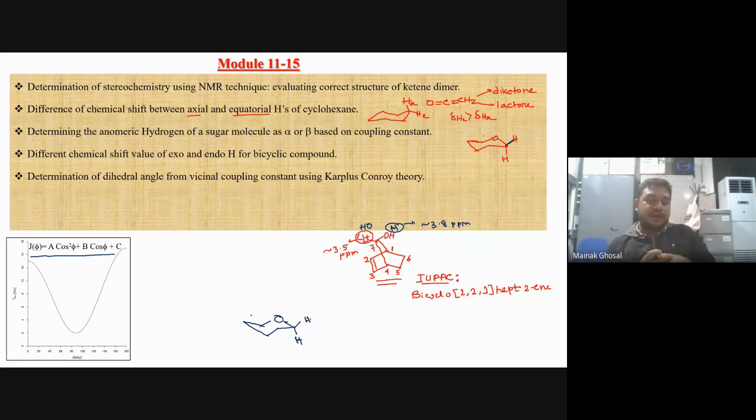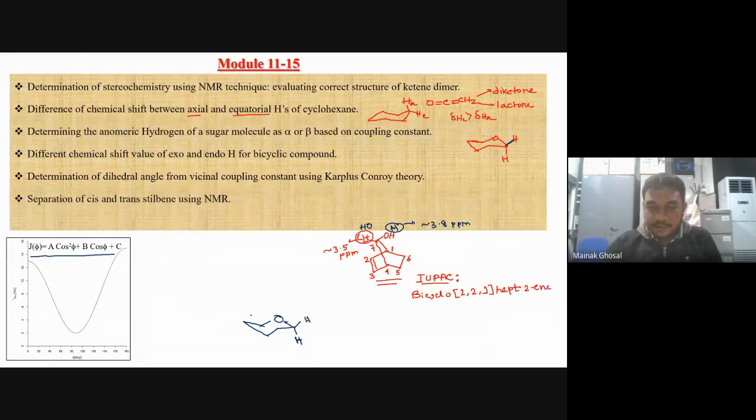So with a particular value of this dihedral angle, you will get a particular value of J. Okay. Now whatever coupling constant you obtain from your NMR, you just match it. Then you will understand that this much coupling constant tells you that this orientation is alpha anomer or it is beta anomer. Okay. So by using this equation or this theory, you can easily predict whether alpha anomer or beta anomer is present in the compound or not.